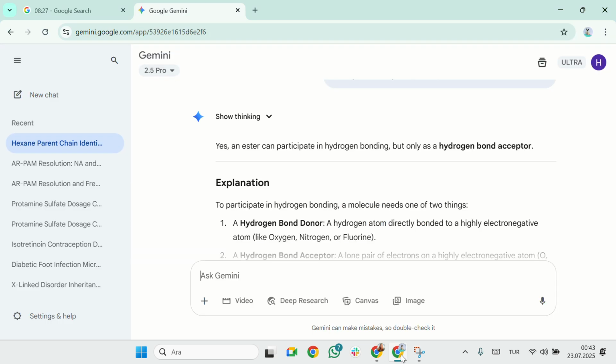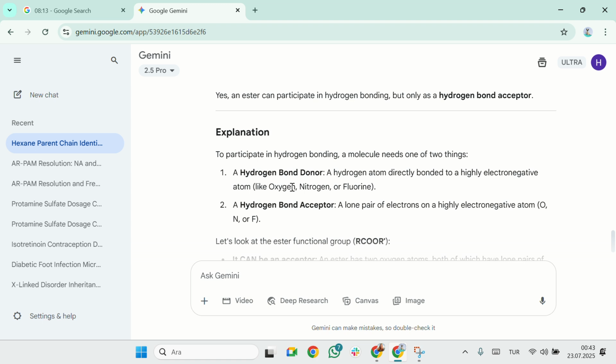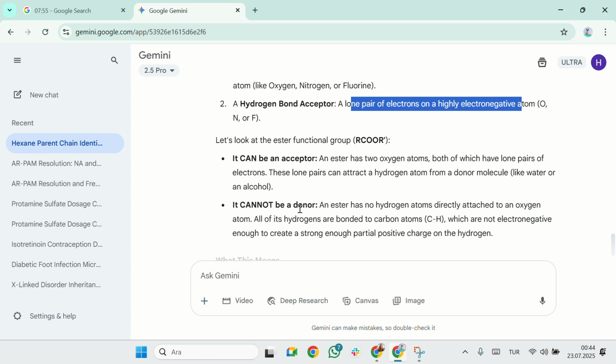An ester can participate in hydrogen bonding, but only as a hydrogen bond acceptor. So it's a conditional yes. It's not a general yes. To participate in hydrogen bonding, a molecule needs one of two things: a hydrogen bond donor, a hydrogen atom directly bonded to a highly electronegative atom. Yes, this was my point actually. Or a lone pair, this was my point actually too.